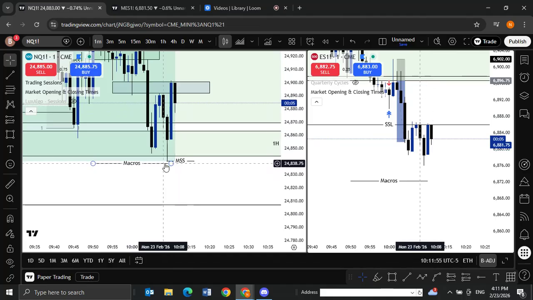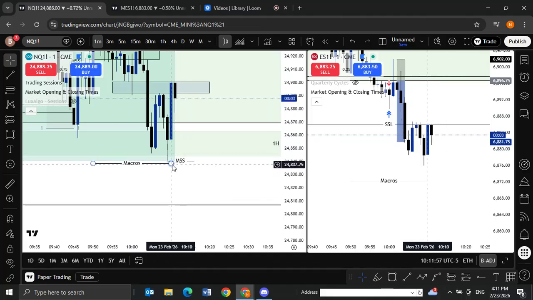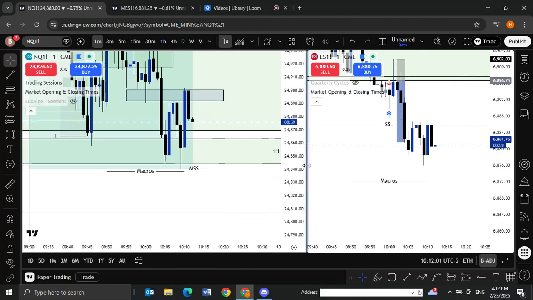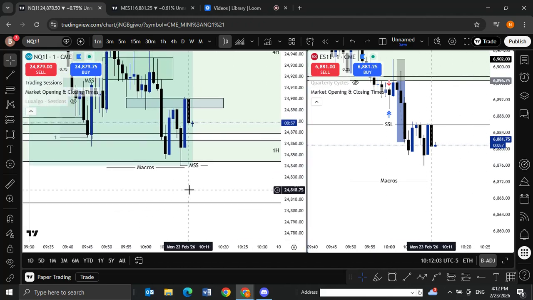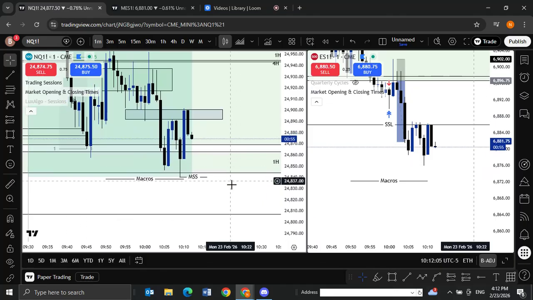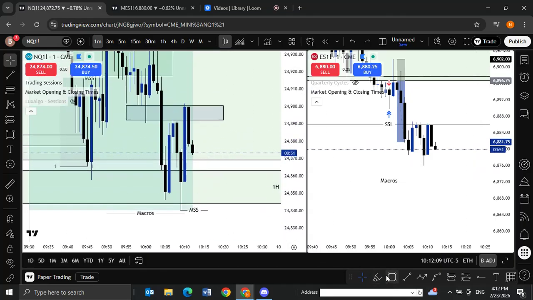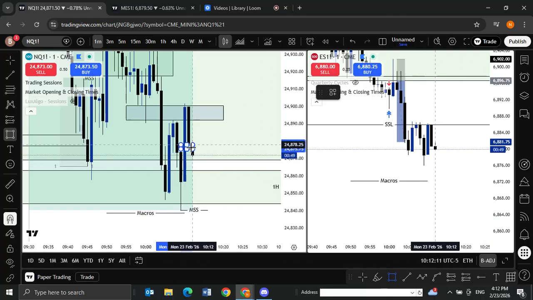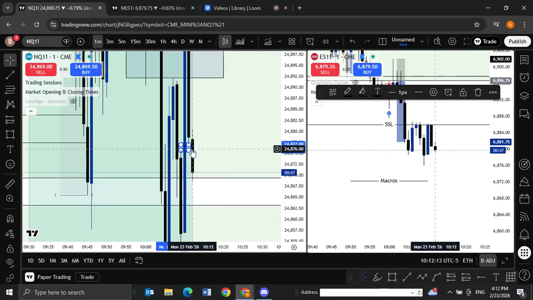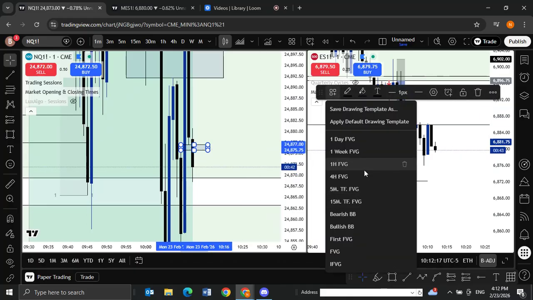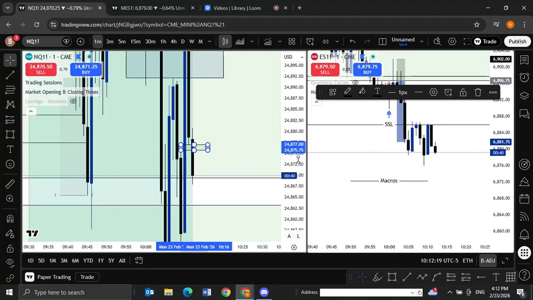Even the wick just below this will be enough to confirm that these macros are not valid anymore, and based on that I can build the next trade. I like this inversion. I like that inversion. I really do.